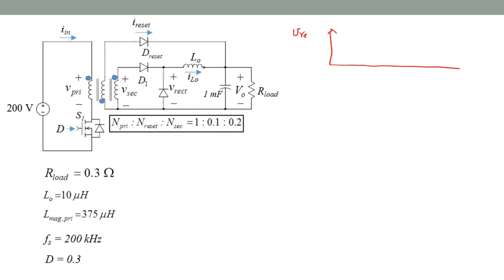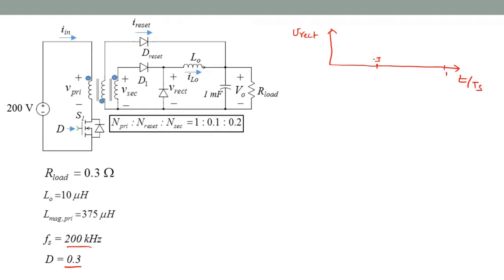This is Vrect, and we can write the time axis scale as t over Ts. D is 0.3 and 200 kilohertz is the switching frequency. So this would be the 0.3 mark, and this is 1.